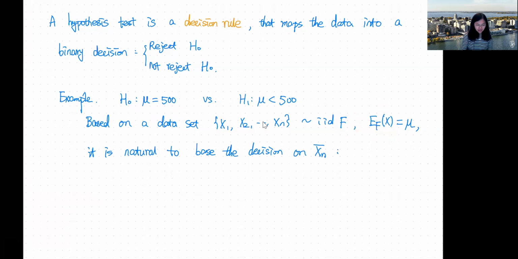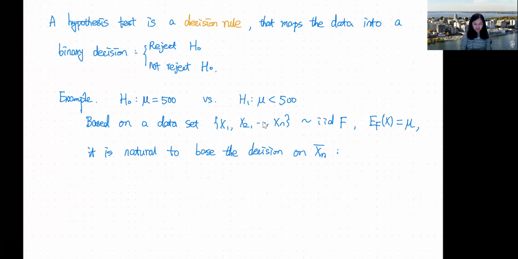And the population of batteries has an expected runtime of mu. Now, how do you evaluate this hypothesis? It's clearly natural to base your decision on the point estimate for the expected runtime, because the point estimate is supposed to be a guess for the expected runtime. So it's natural to base your decision on the point estimate, which is the sample average.